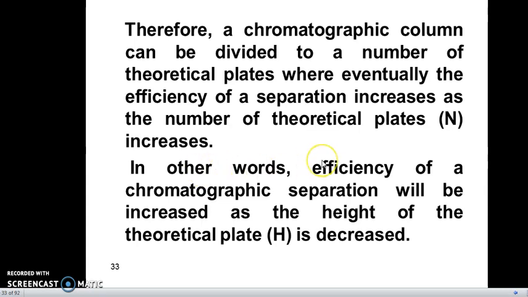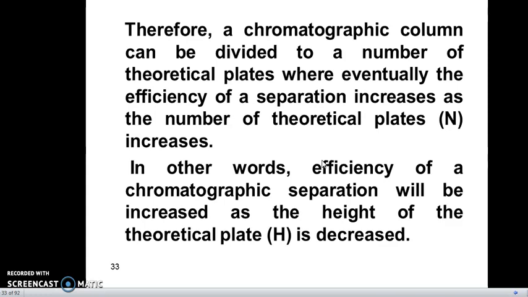In chromatographic separation techniques, the higher the number of theoretical plates, the better the separation you get. The separation increases as the height of the theoretical plate decreases. It means we need a larger number of theoretical plates, but we need a very small plate height, not a big height.